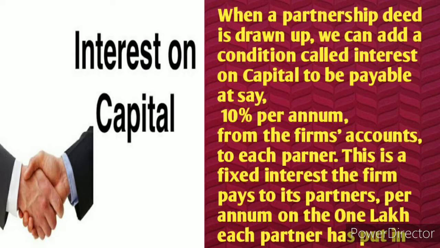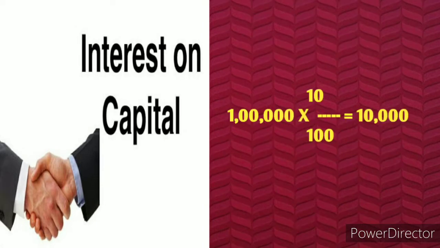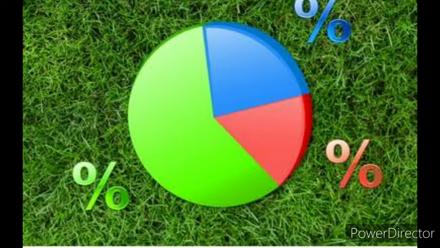This is a fixed interest the firm pays to its partners per annum. On the 1 lakh each partner has put in, we calculate 1 lakh multiplied by 10%. This is an interest amount of rupees 10,000 each. This would be treated as part of expenses in the firm's account.